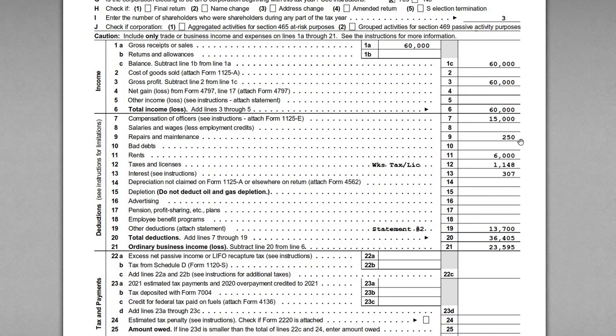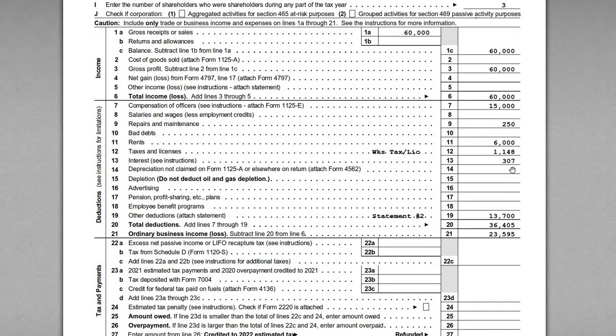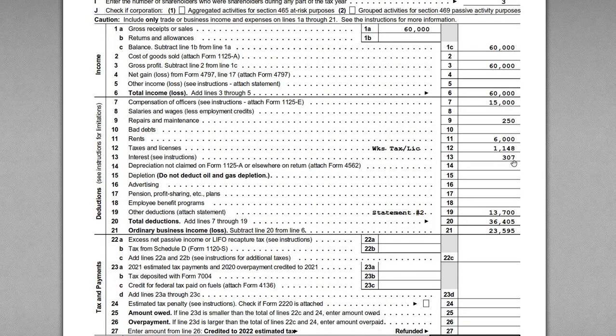So we've got our compensation, our repairs and maintenance, rents, taxes, interest expense on the credit card there, and then anything that is another deduction can go on line 19. You just have to attach a statement which itemizes those other items.